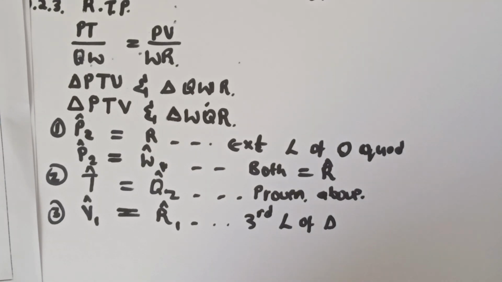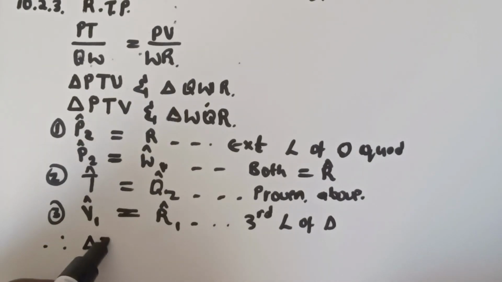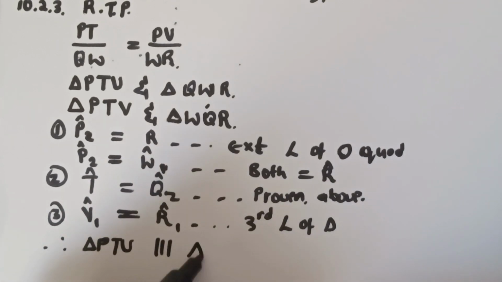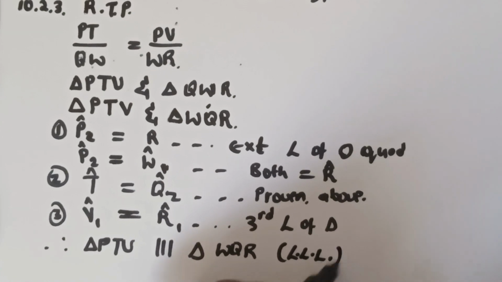So now, let's definitely say that triangle PTV is similar to triangle WQR because of the angles. Hope you all see that.